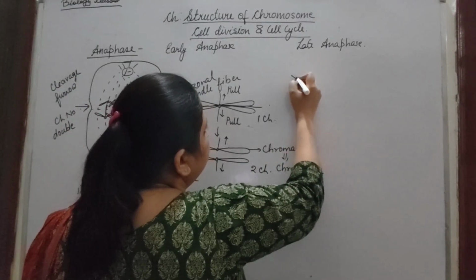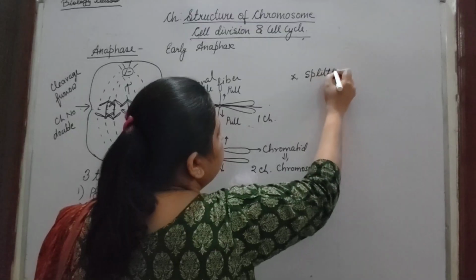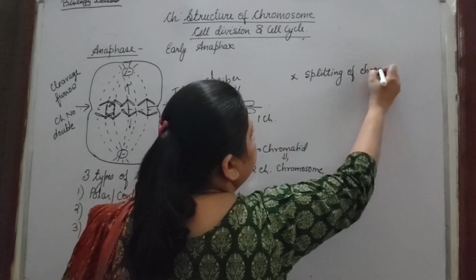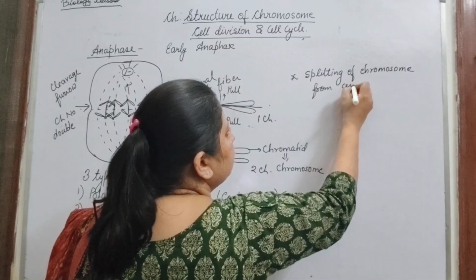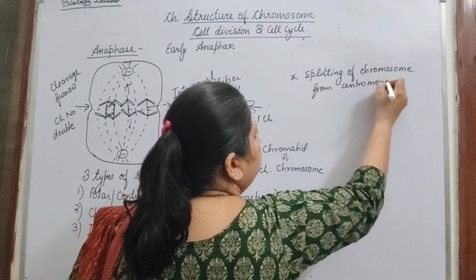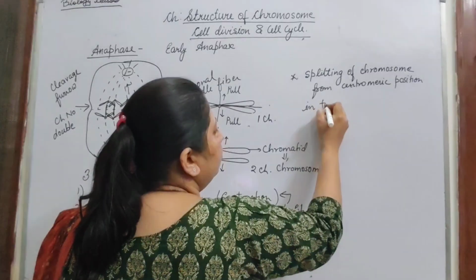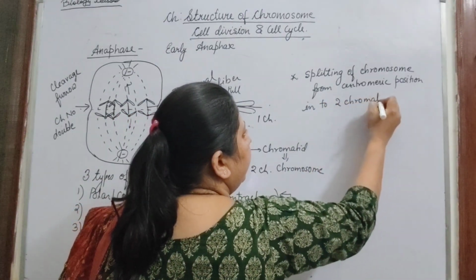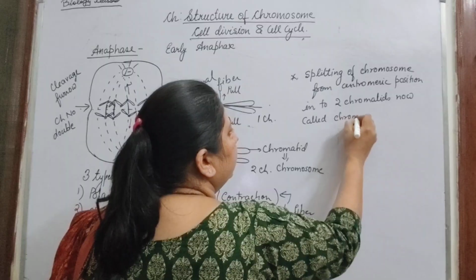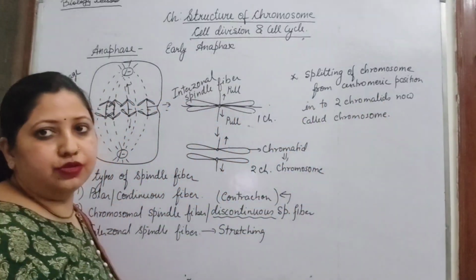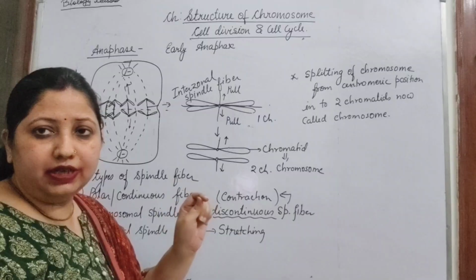So the first change is the splitting of the chromosome from the centromeric position into two chromatids, now called chromosomes. So the first change is the splitting of the chromosome from the centromeric position, and these are called chromatids, and now the chromatids are called chromosomes.